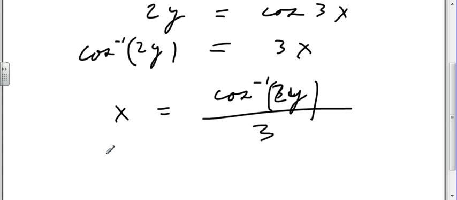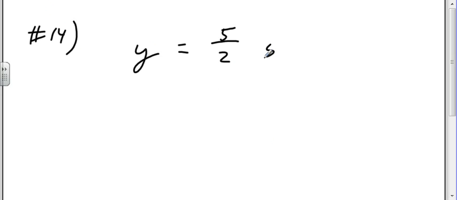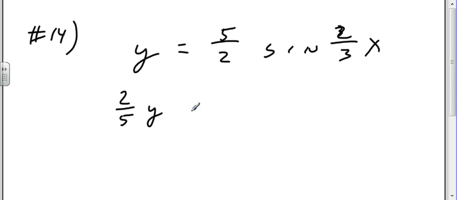Look at 14. Y is 5/2 sine 2/3x. So 2/5y is equal to sine 2/3x.